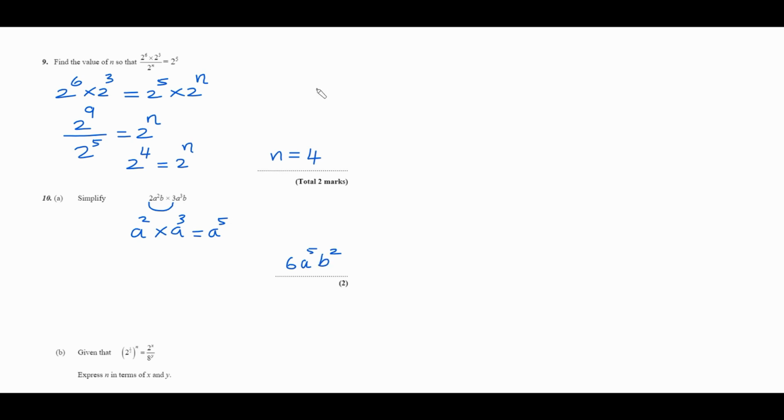Next question, given that 2 to the power half, all to the power n, equals 2 to the power x over 8 to the power y, express n in terms of x and y. So this question, I'm going to do it here. So 2 to the power half to the power n equals 2 to the power x over 8 to the power y. I'm going to change 8 to the power y to 2 to the power 3, to the power y.